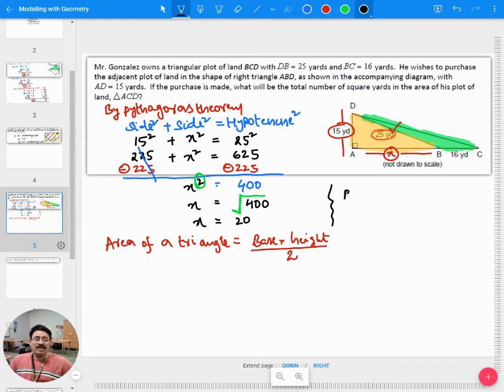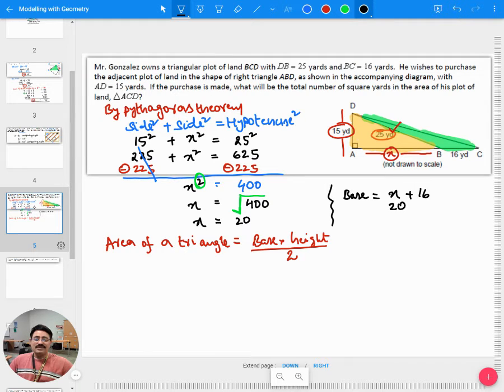Because what is the base here? Please notice that base is x units and 16 units. These two together. Therefore, base equals x plus 16. I got x equals 20.